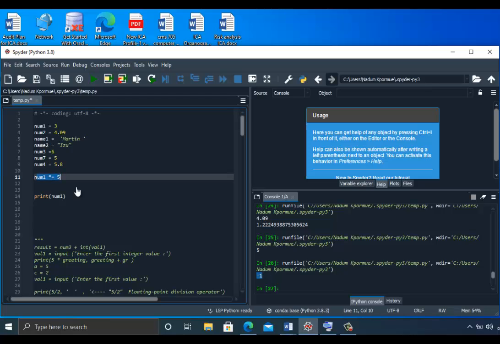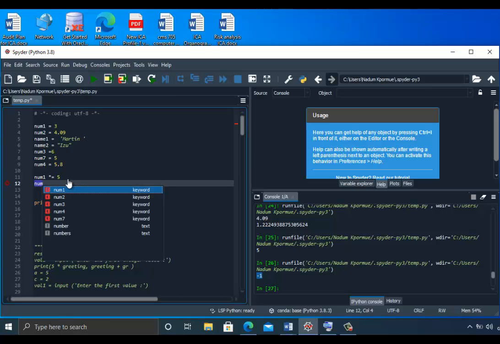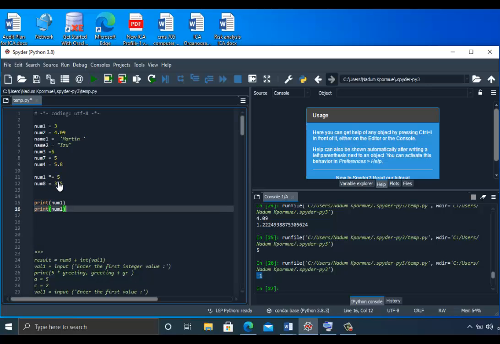This is another way of saying num8, a new identifier, if you say 3 multiplied by 5. Let's also print out this statement there, which is num8.